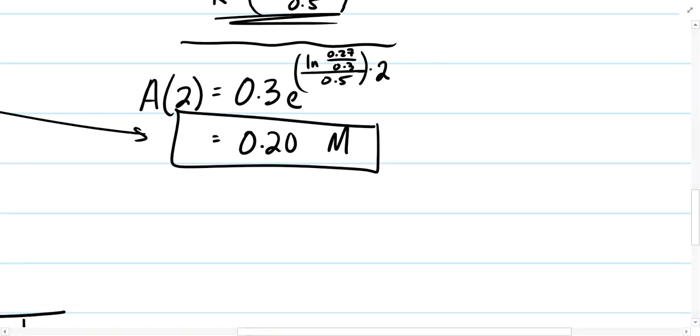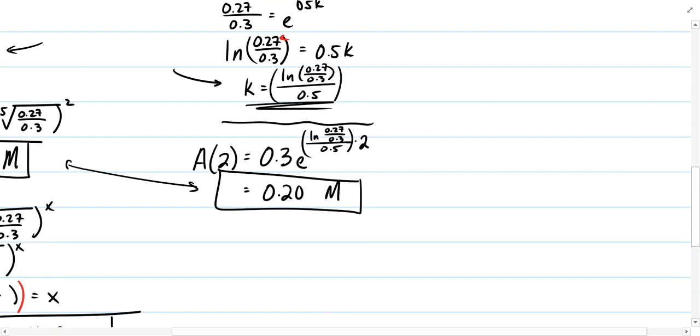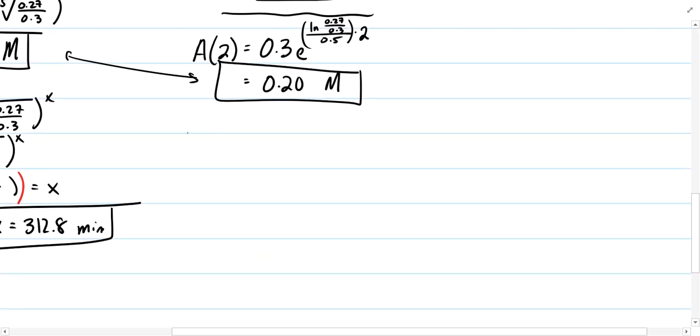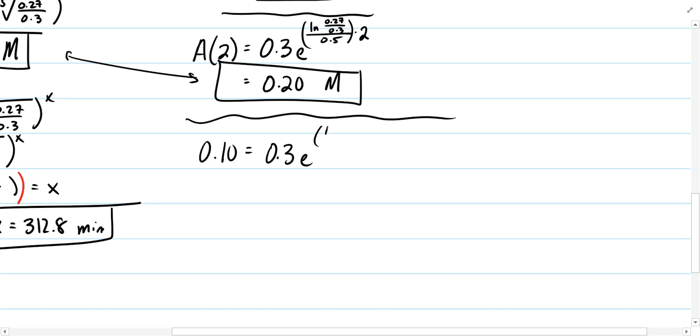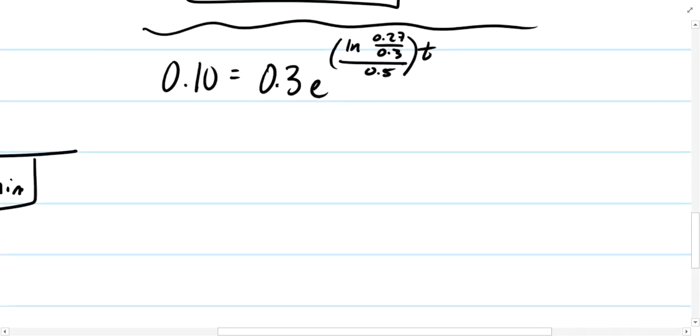In the alternate form, hopefully it doesn't take much convincing from here, but we'll go ahead and do it anyway. We're looking for an end result or a final molarity of 0.10. And so the expression was 0.3 times e to the natural log of 0.27 over 0.3 divided by 0.5 times t, actually, not x, but t for time in hours.